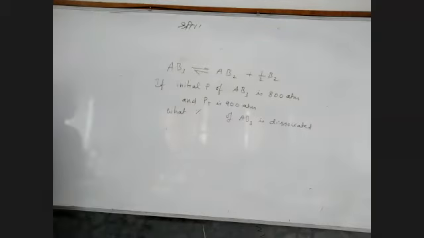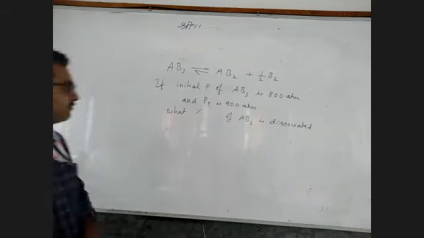Options: 25%, 50%, 75%, 100%. 25 is exactly right. But how?